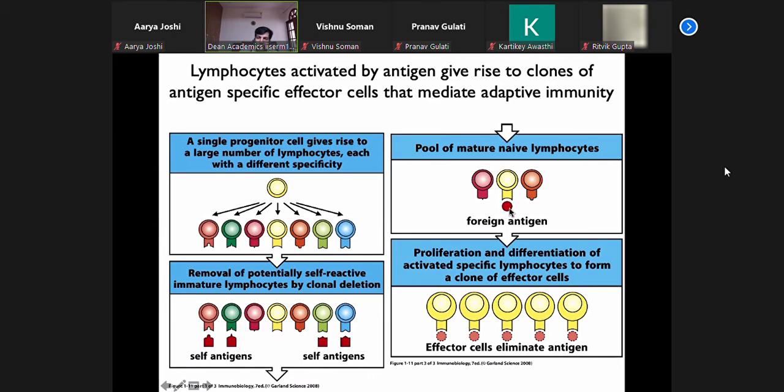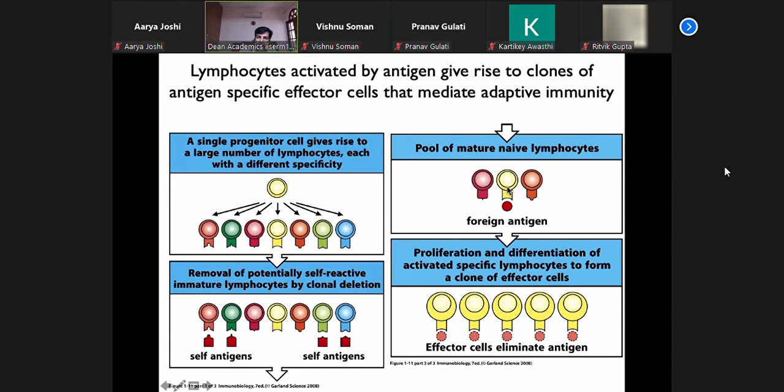It stimulates only this particular cell, and then you have so many more cells of this particular specificity.